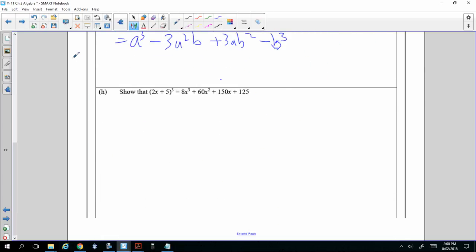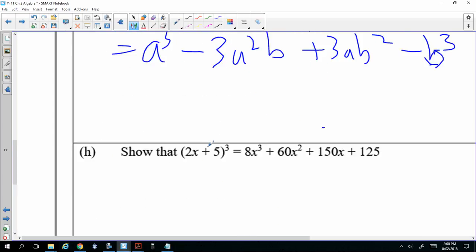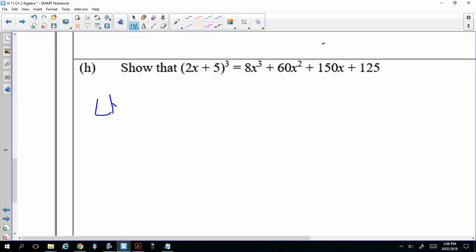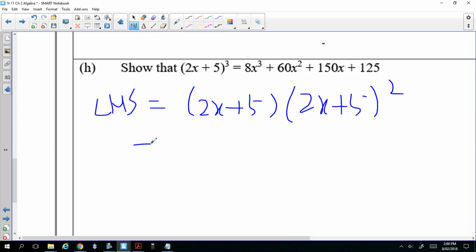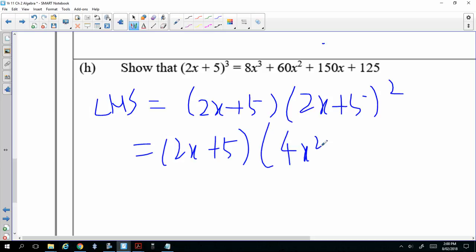So same thing, left hand side equals 2x plus 5, and then 2x plus 5 squared. So you get 2x plus 5, 4x squared plus 2 times 2 is 4, 4 times 5 is 20, x plus 25.